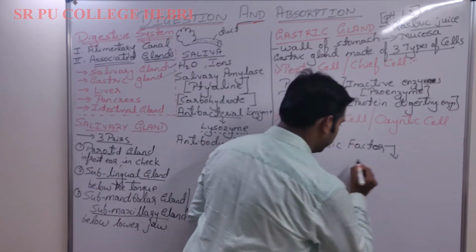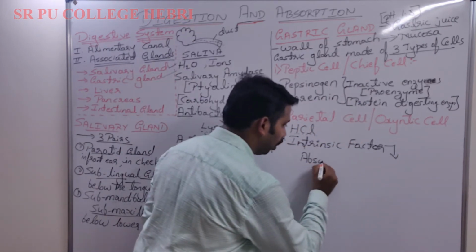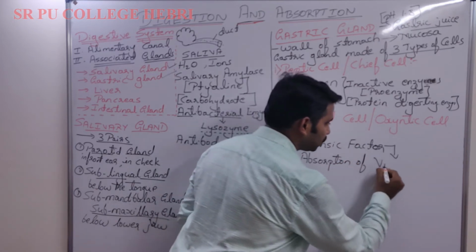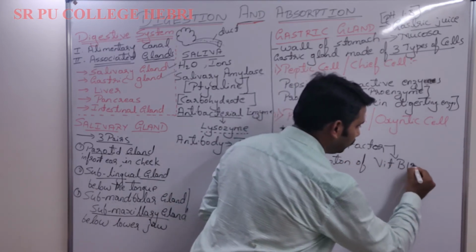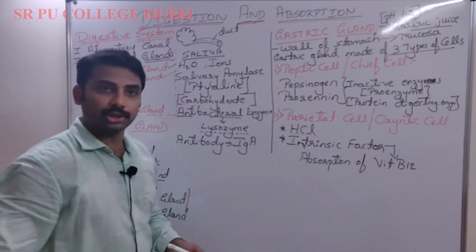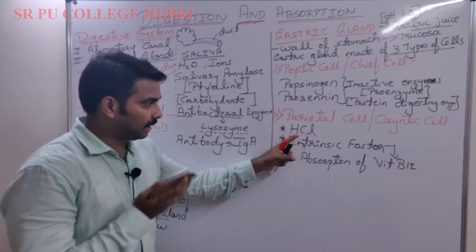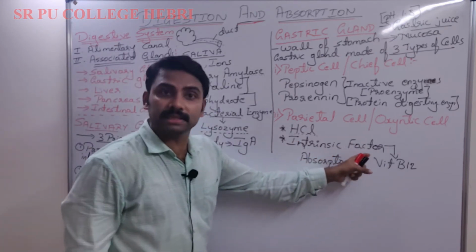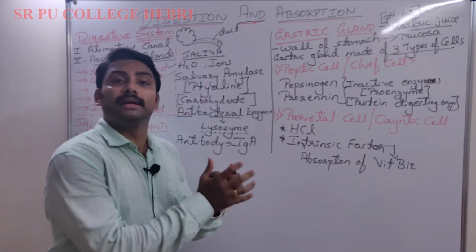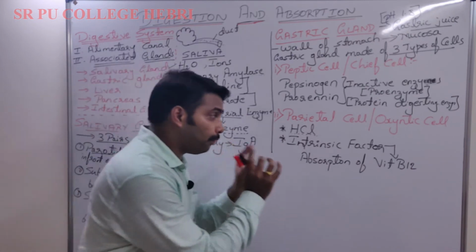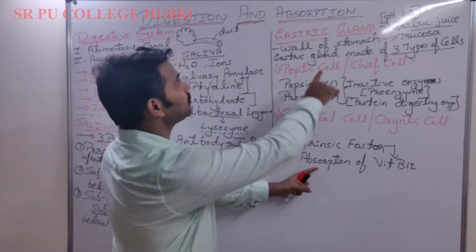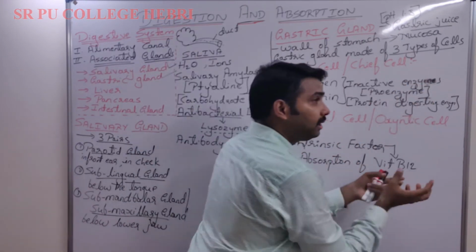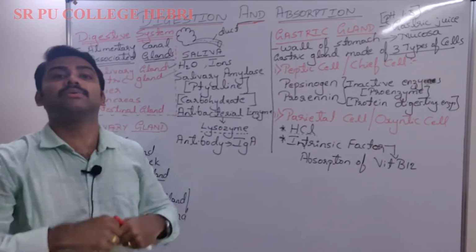It helps in the absorption of vitamin B12, this is a 1 mark question. I repeat, parietal cell along with HCl produces intrinsic factor. This intrinsic factor is very important, it is helpful for the absorption of what? Vitamin B12 present in our food.